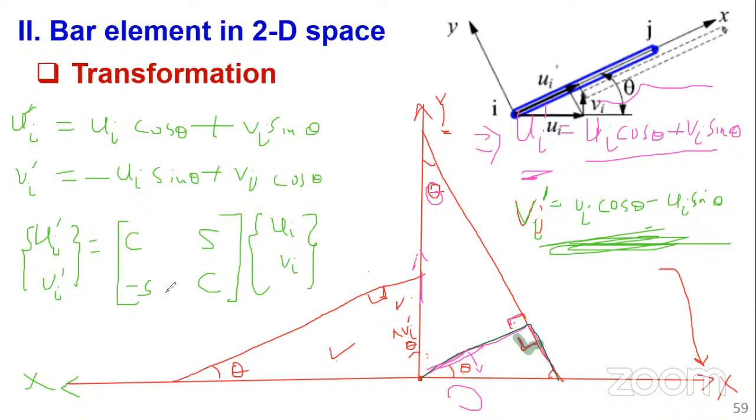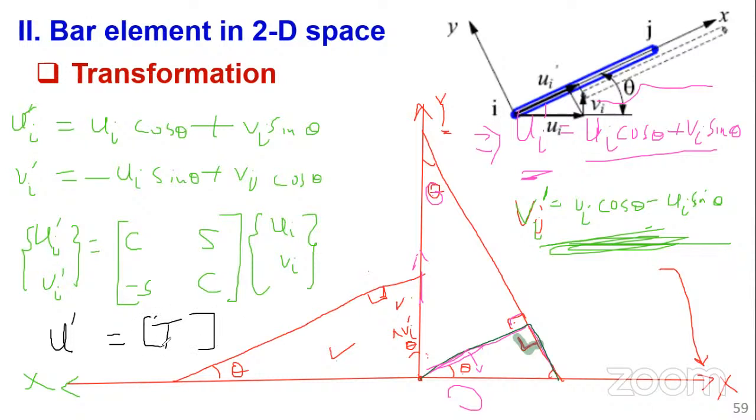If you look at this keenly, we've been able to transform from the local coordinate system, the displacement in the local coordinate system, to the global coordinate system by using a transformation matrix.